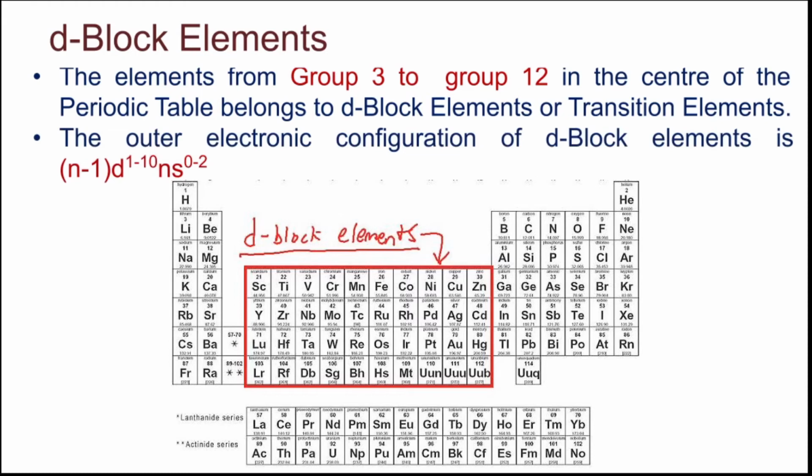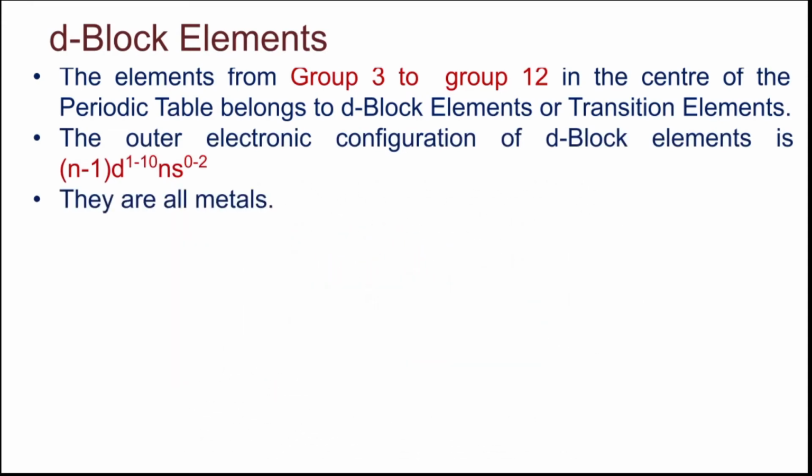It means the first period comes in the 4th energy level, but the filling is done in the 3d orbitals. That's why it is called (n-1)d. So one n number will be less. They are all metals only.